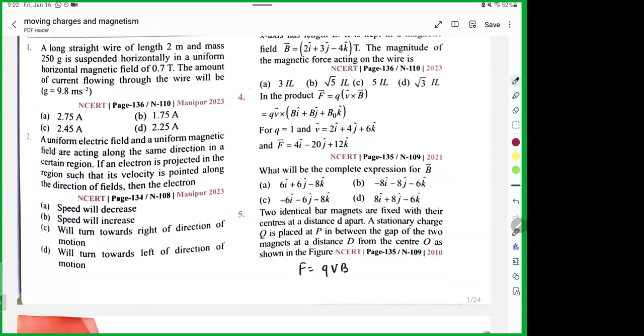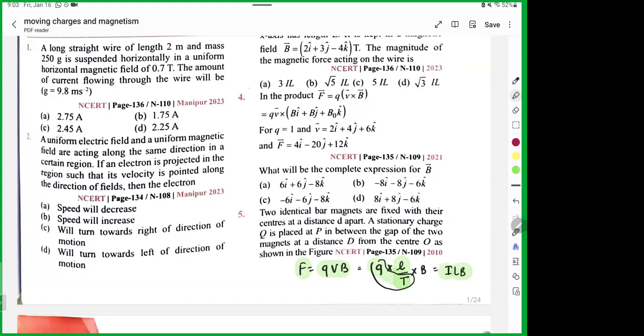Force is QvB. Though I will do it again, but you know this is charge. Velocity is equal to length upon time into B. What is charge by time? Current, ILB. Correct? Note it down. Force is equal to qvB. Velocity is equal to length upon time. So charge upon time is current.